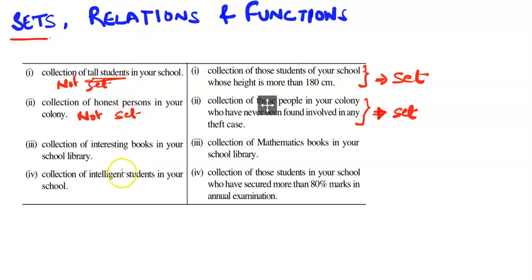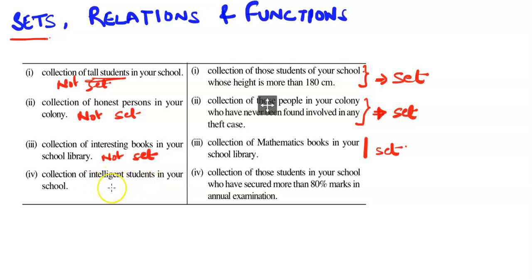Similarly, take another example: a collection of interesting books. Again, the definition of an interesting book is somewhat vague. So this is not a set. A collection of mathematics books: you can define what is mathematics and what is not. So this is a set. A collection of intelligent students: what do you mean by intelligent students? Are they someone who got 100% in maths, or who does very well in sports, or who is very good at chess?